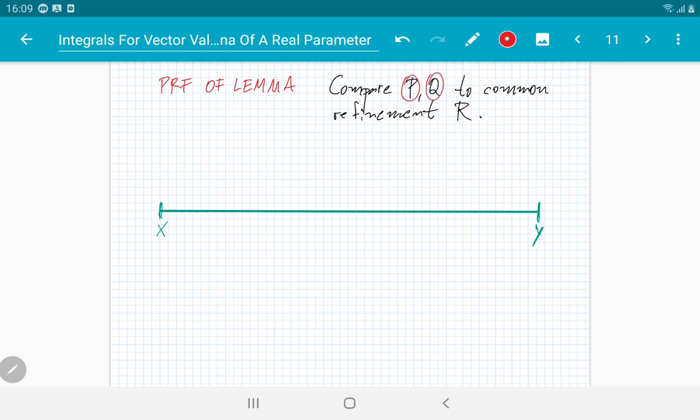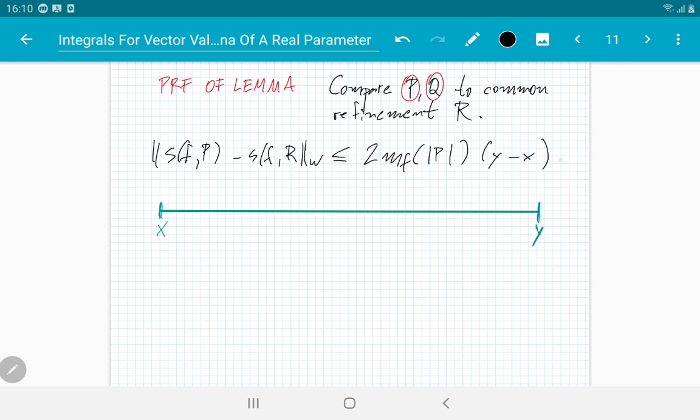So I'm going to show only the following inequality. The Riemann sum S_f P minus the Riemann sum S_f R, I'm going to show that this is less than twice m_f of the size of P, times y minus x.